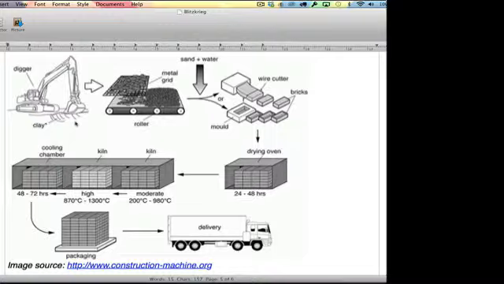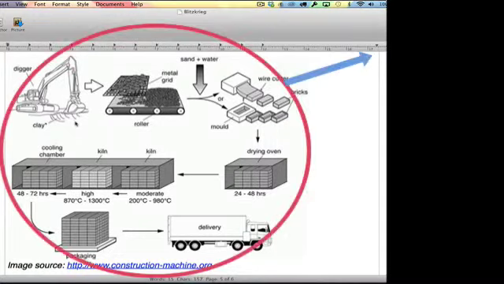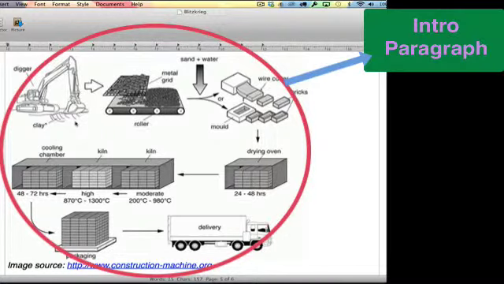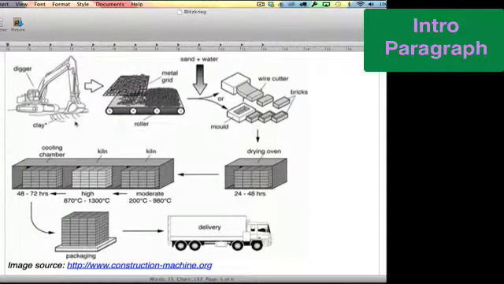For this process diagram, we would clearly state what the source is and what it shows in some sort of background statement or opening paragraph. You would then describe the process from start to finish. So obviously the start is here with this digger pulling up clay.